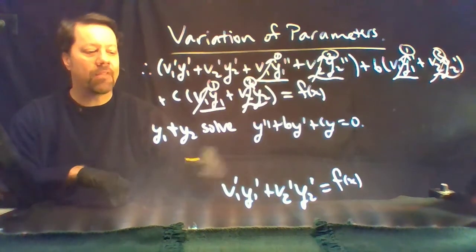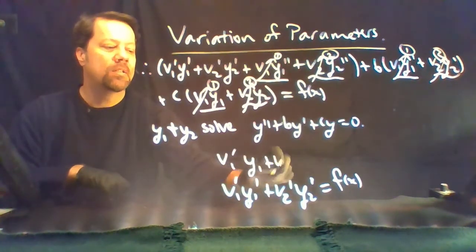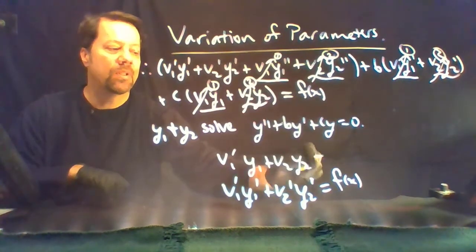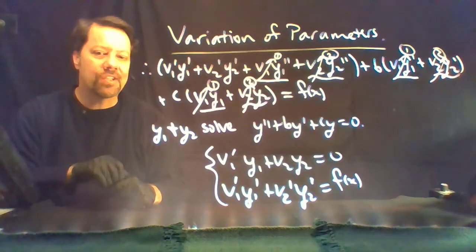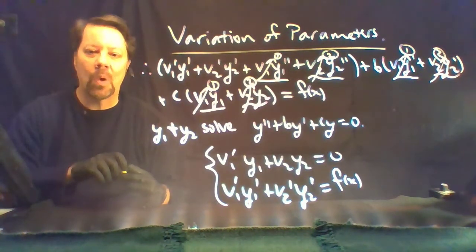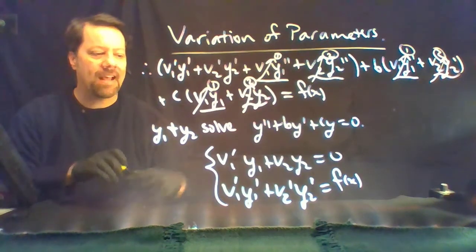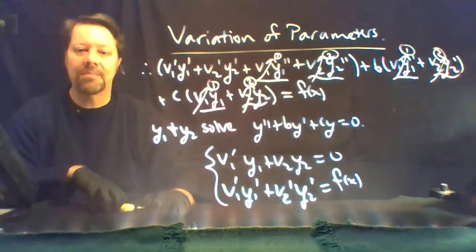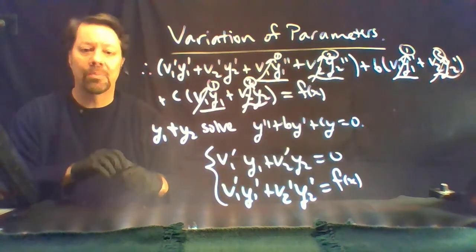Note, however, that we've already assumed that v1 prime y1 plus v2 prime y2 equals 0. This yields two equations in the two unknowns, v1 prime and v2 prime. We can solve for them. In fact, this is a linear system of equations in v1 prime, v2 prime.